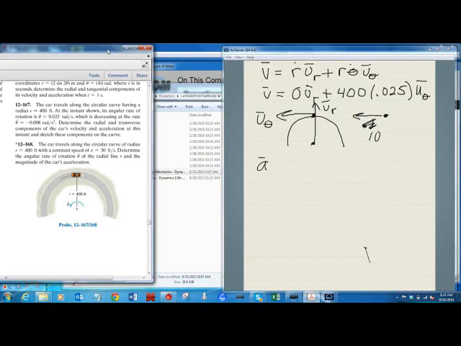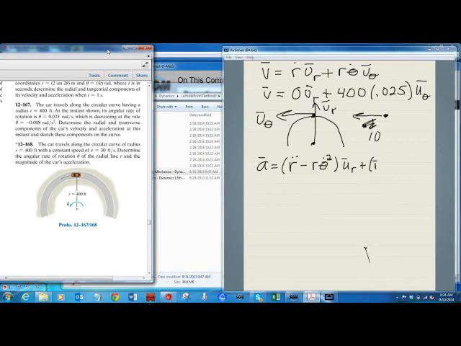Okay, let's get acceleration. I'm going to write it down first. It's r double dot minus r theta dot squared, u r, plus 2 r dot theta dot plus r theta double dot, u theta. How do you know it's a square? Because you've got to memorize. So you know I've made a mistake, right?